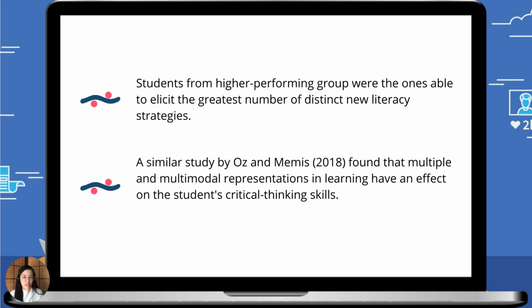Moreover, it seems like the students from higher performing groups were able to perform and keep up well. A similar study by Oz and Memies found that multiple and multimodal representations in learning have an effect on the students' critical thinking skills. So this could suggest that students who use or exert various new literacy strategies allow them to be more critical in solving tasks or problems online.